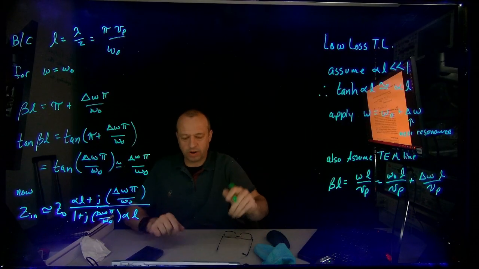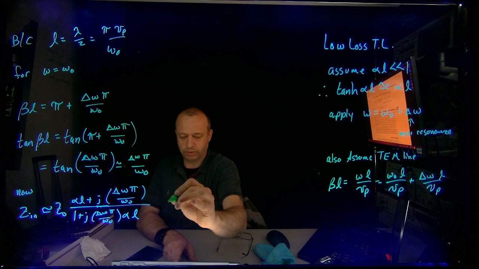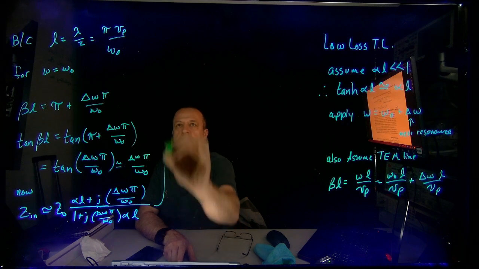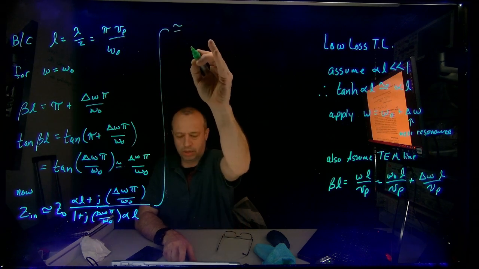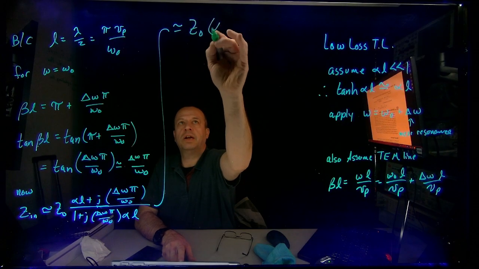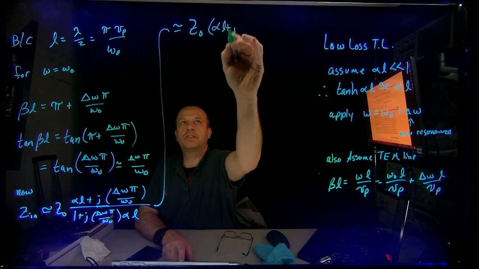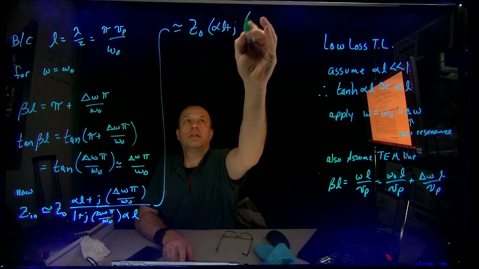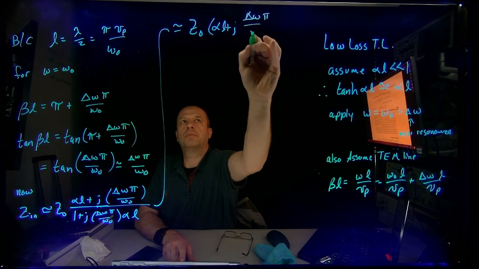So then from here, we're going to say this is approximately equal to the characteristic impedance times alpha L plus J delta omega pi over omega naught.